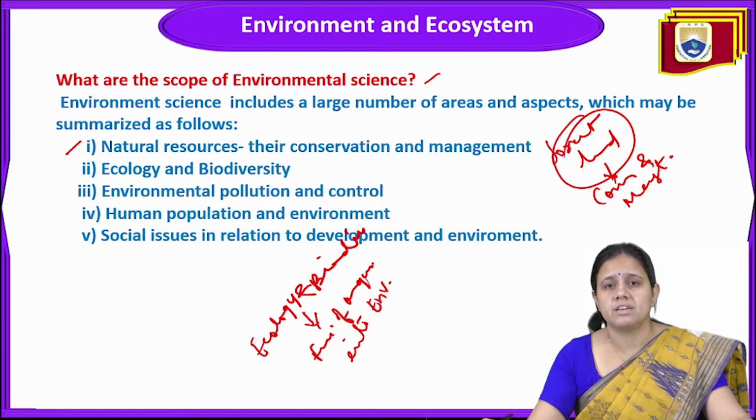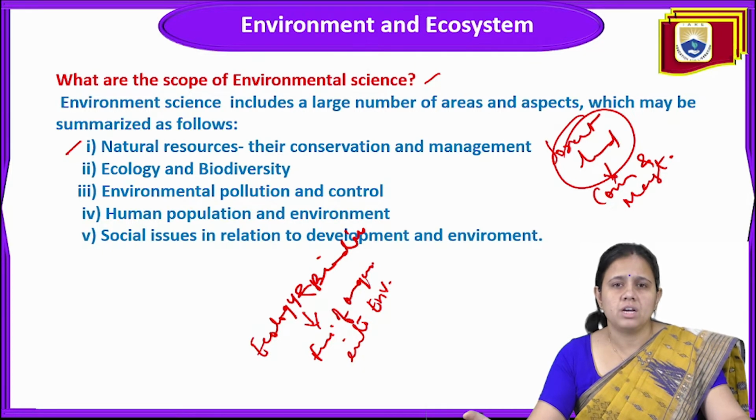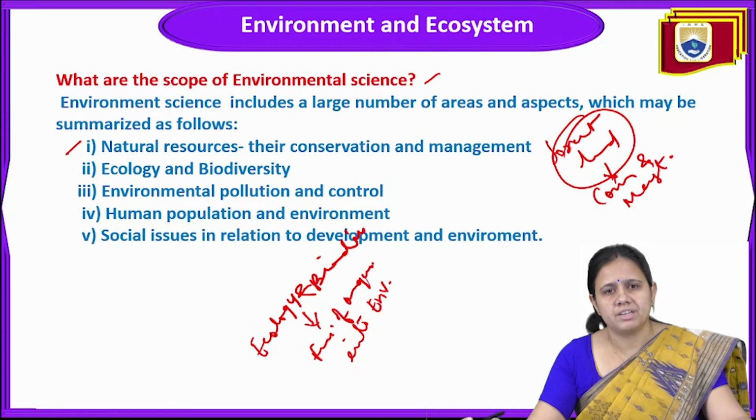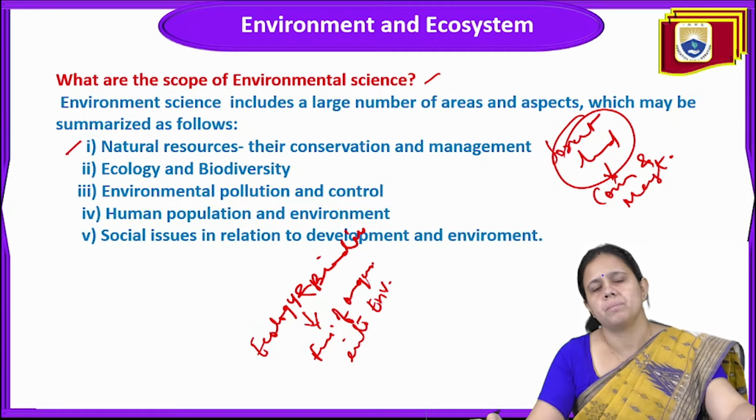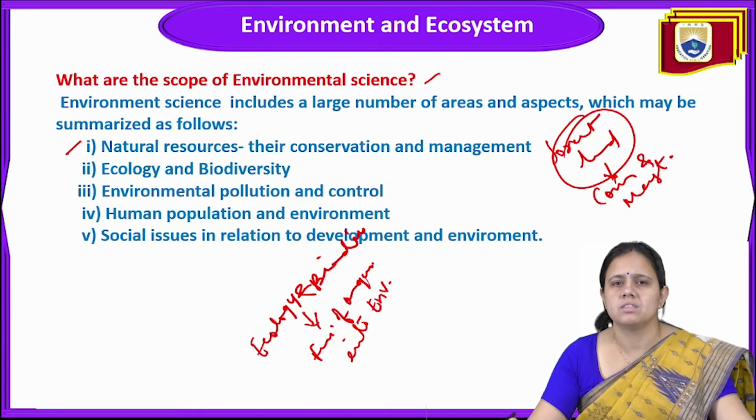Some we can say is poverty. Poverty is also a social issue related to the environment, because due to the cutting of forest and habitat destruction, poverty will come, and if poverty comes, that will affect the economy of any country. So these are the socio-economic things related to this subject.